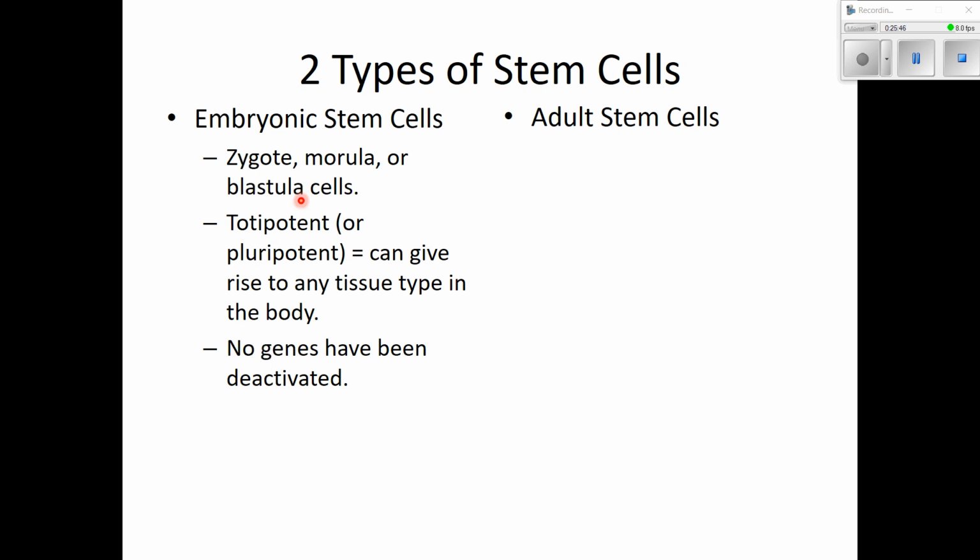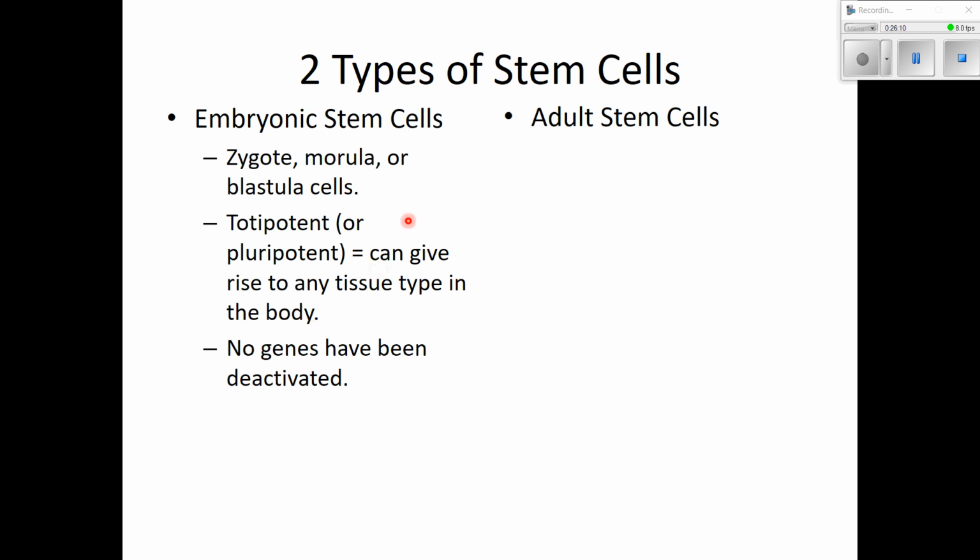None of them are skin cells, none of them are muscle cells or nerve cells. They're just cells. And at that point, they are totipotent, or the synonym pluripotent, which means each cell can give rise to any tissue type in the body. And that's because no genes have been deactivated.